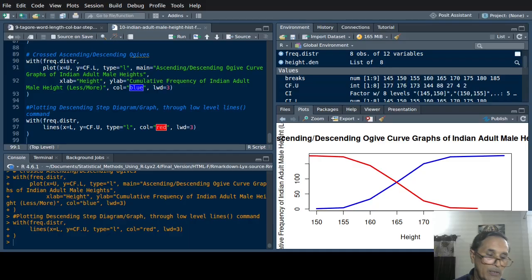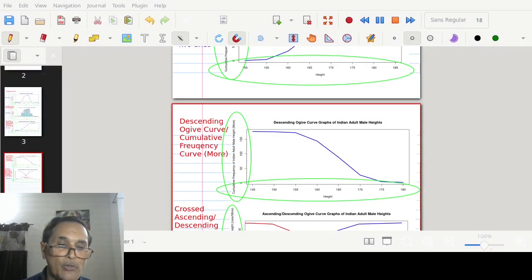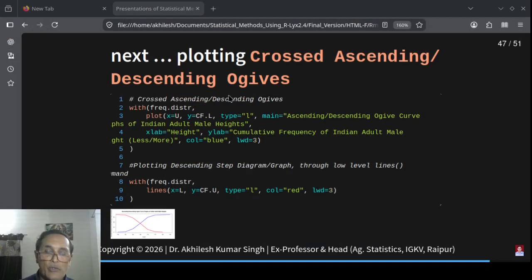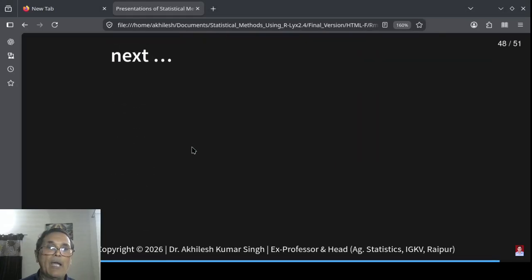Let me go to the demonstration, where we see it also. The cross point always corresponds to the median. This corresponds to almost 165, the median, this cross point. Okay, now let me go to our presentation.